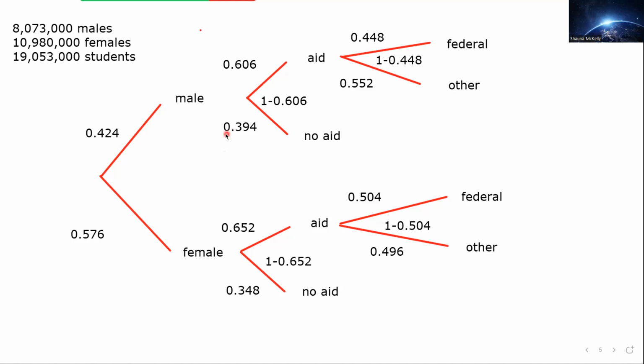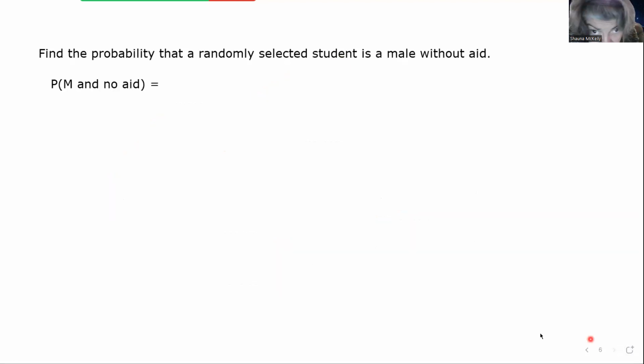So this is going to be 0.424, and we're going to multiply that by 0.394.